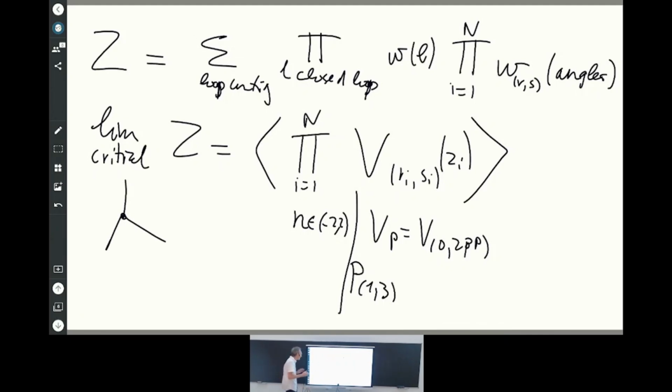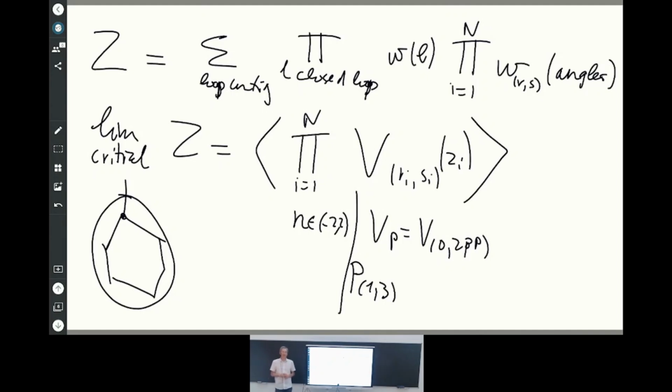The answer is it happens only in the critical limit. In the critical limit, we could decide that our puncture could be made of several vertices. We just shrink them to the same point when the lattice becomes very large. And if I have enough vertices, then I can have as many legs as I want.